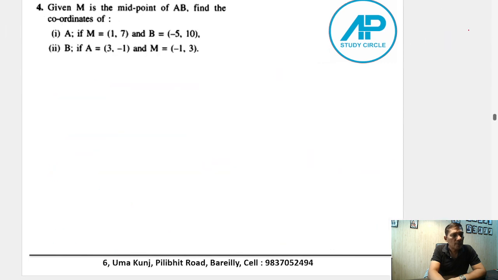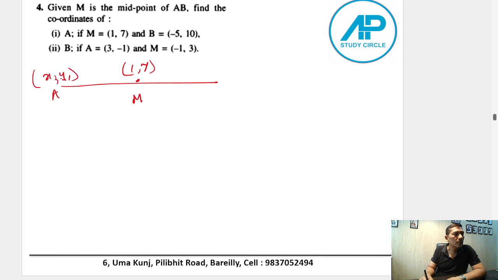So I'm moving on from here to the next question. Now I'm leaving this question for you. This is the same question. I'm making a diagram. M is the midpoint of AB.